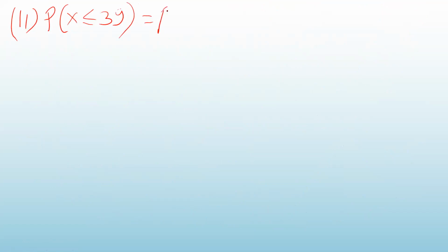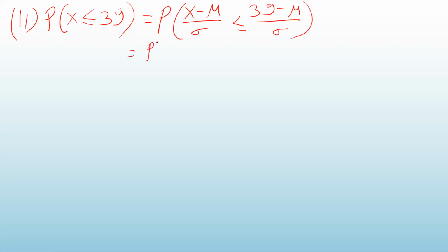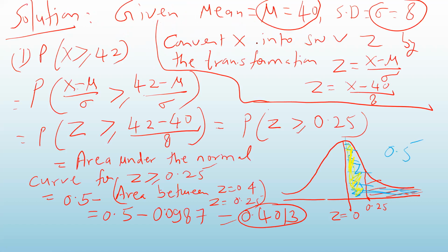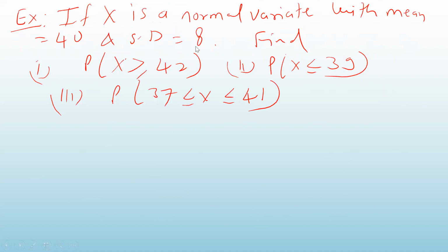So it is the probability of (x minus mu) upon sigma less than or equal to (39 minus mu) upon sigma. (x minus mu) upon sigma is z, so we have converted x into z. Mu is 40 and sigma is 8, given to you.